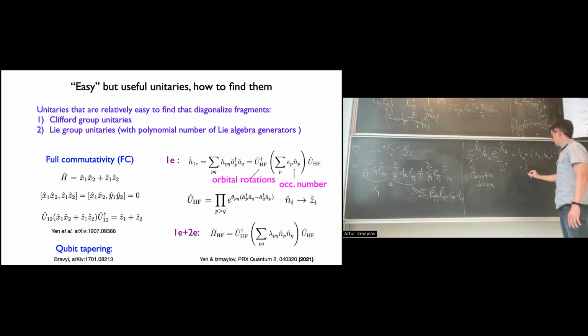Like the next one has factorials essentially: X, X, X, H1e, and so on. As you could see, we only use commutators.